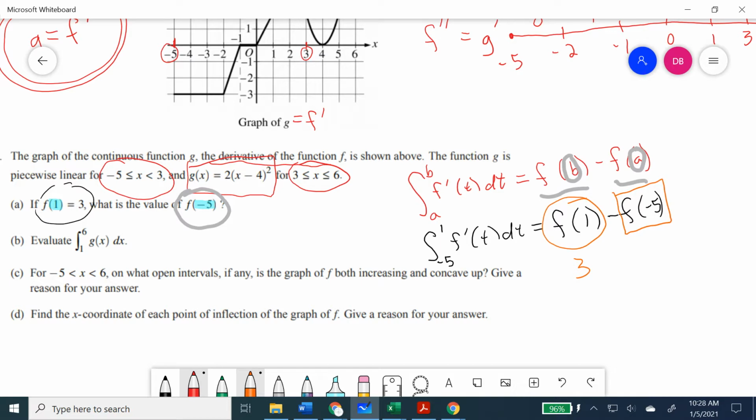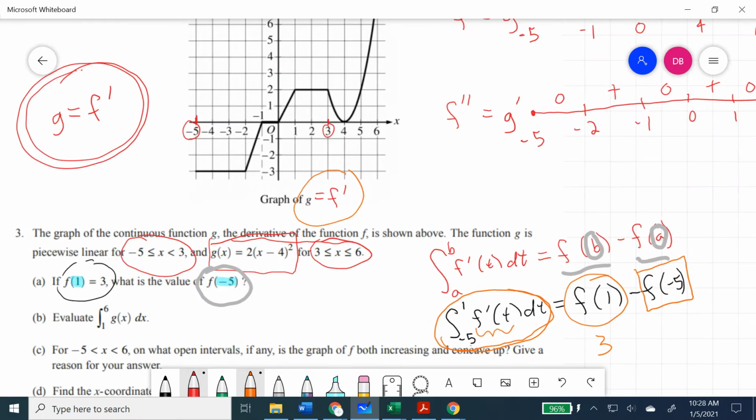And now the last piece is solving this integral. Now, due to the things that I wrote down, I can see that f prime, the integrand here, is the graph of this function that I see. If I am solving from negative 5 to positive 1, the integral of that graph, then I'm doing area and I'm considering above and below the x-axis.